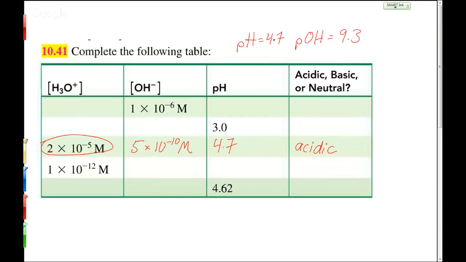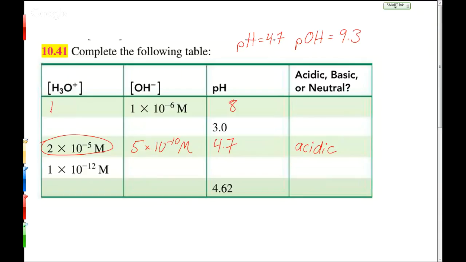So you won't have to do that again on quizzes or exams. You'll just have to do ones like the first 2 rows. You will see some of these on homework because you can use calculators on your homework, but the first 2 rows, right? So if the OH is 1 times 10 to the minus 6th, that means the pOH is 6, so the pH is 8. It has to be 14. pH plus pOH is 14.